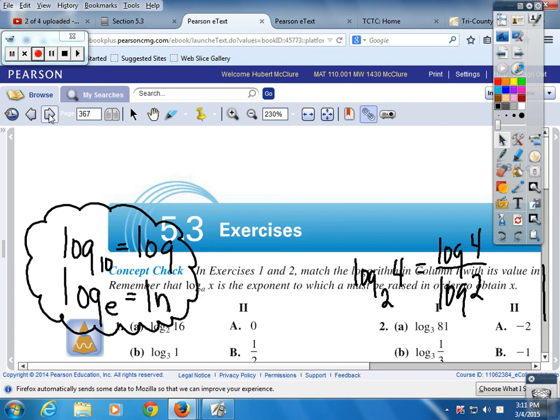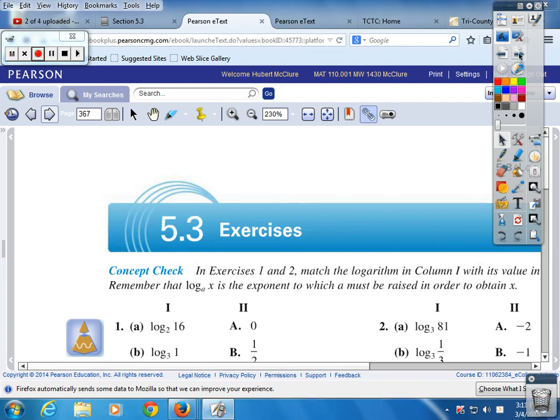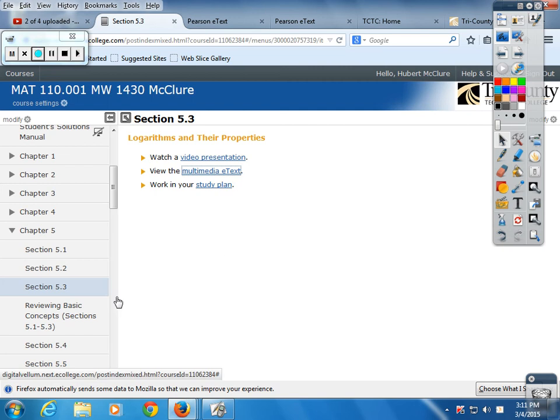Let's go through a couple of problems in your homework that I would pick for the test, for 5.3.